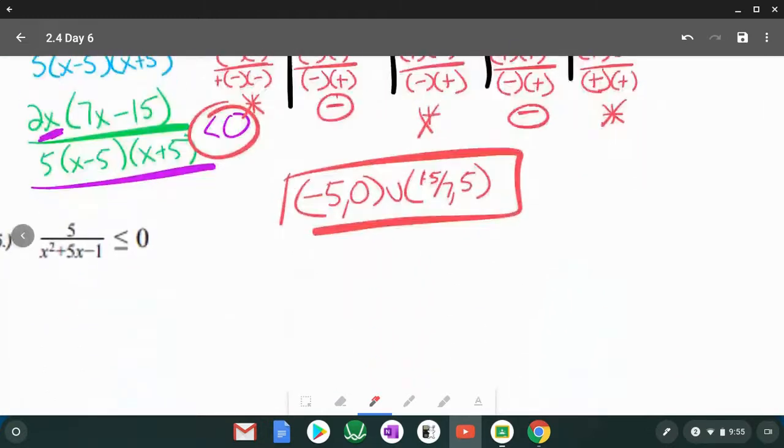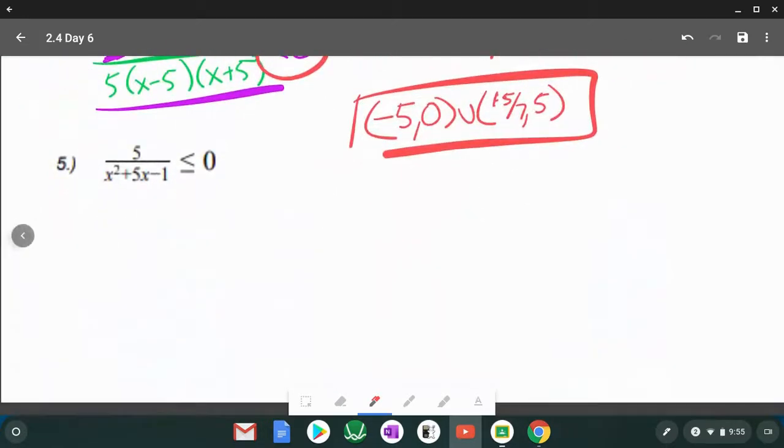And then the final one here, again, at this point, if you're confident, you can try something, but we're going to notice this one's a little bit different, zeros by itself, so that's nice. But when we go to find our key numbers here, we notice that this is not factorable.